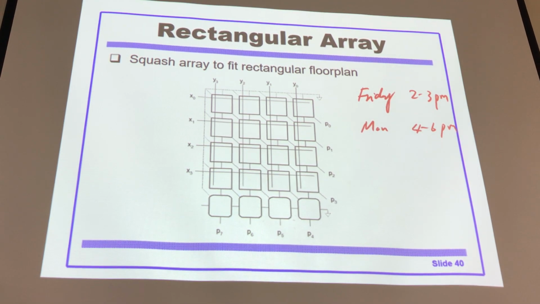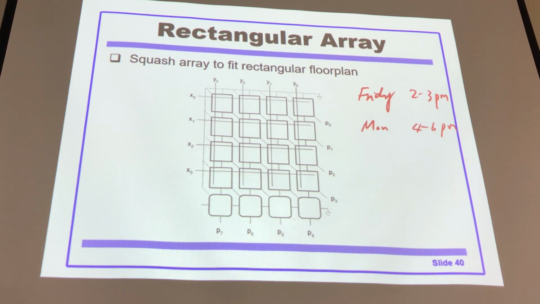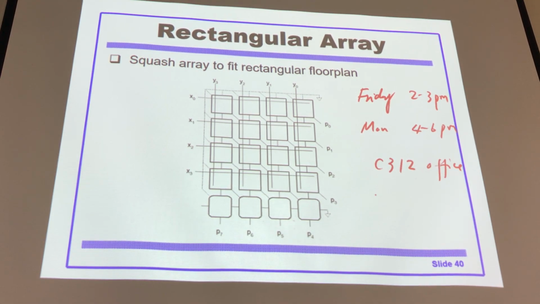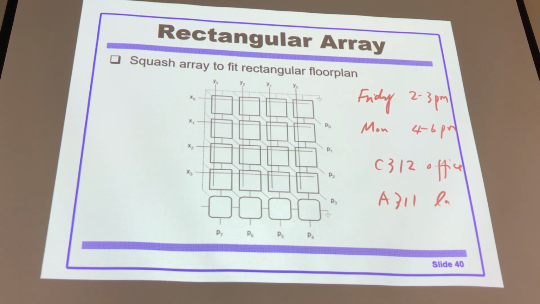Okay. If I'm not there, go to my lab. Either I'm in my office, which is 312, or if I'm not there, please go to A311. That's my lab. I should be in either place. Any question?